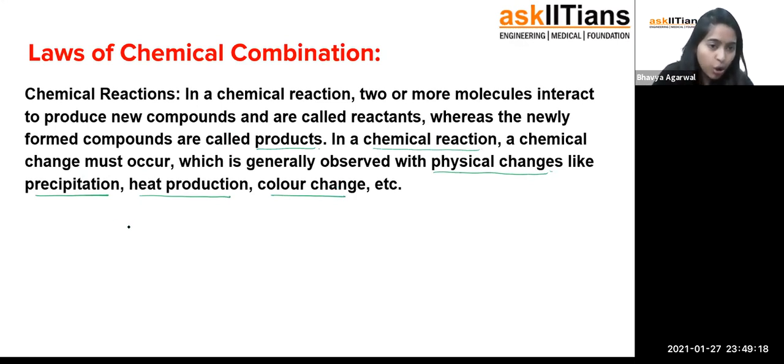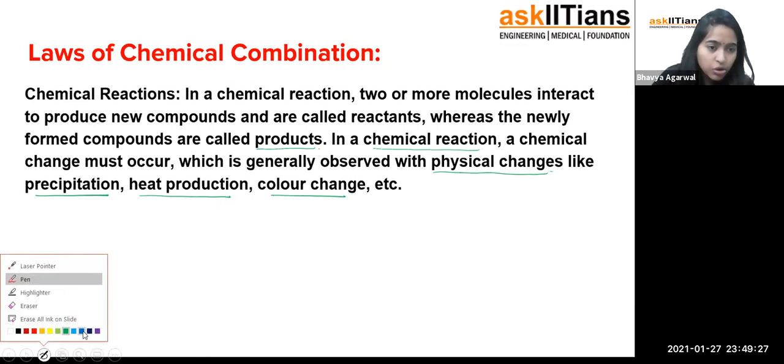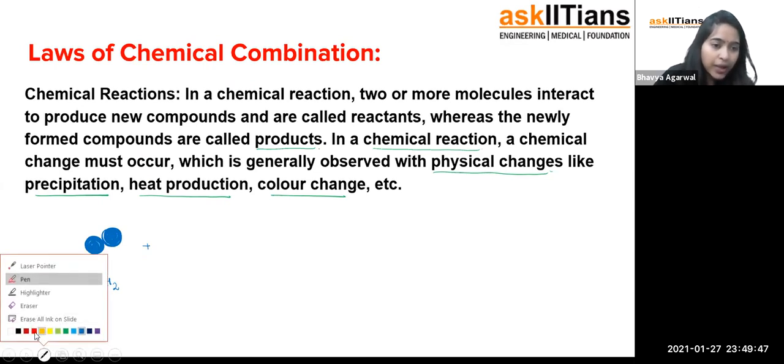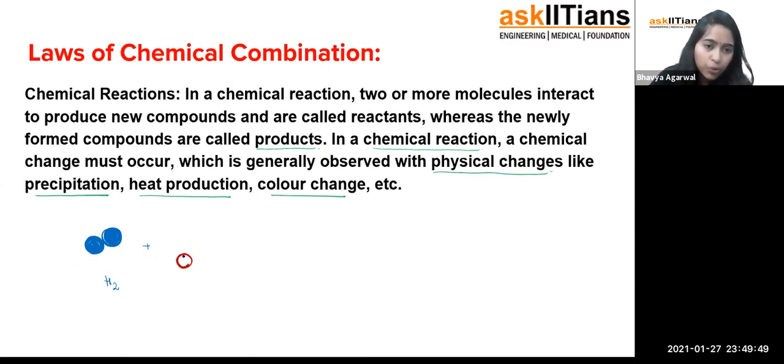So basically, these two or more molecules are reacting. So we show them this way. Like if I talk about hydrogen. So you know that hydrogen is a molecule, right? Now this hydrogen molecule can react with oxygen, right?